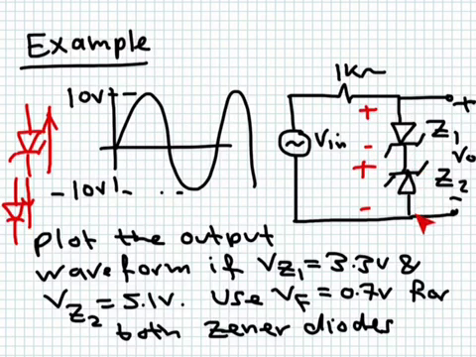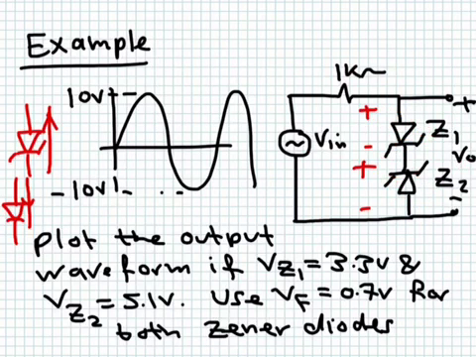This one will be in the breakdown region, so the voltage between the cathode and the anode will be 5.1. So for us to be able to enter that region, the input voltage must be at least 5.8. Because if you have an input voltage below that, you don't have enough voltage to make them enter this region, and in that case, you have Vout equal to Vin, and this is open circuit.